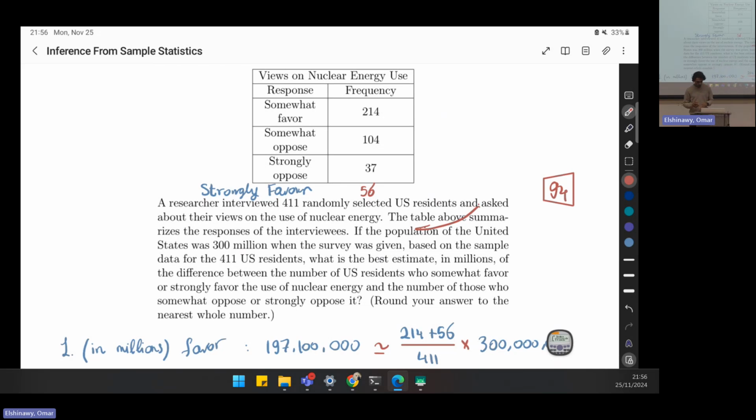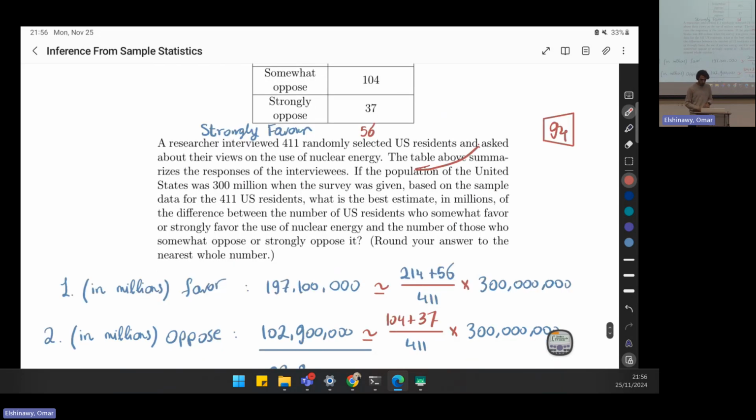What number do I get? I get 197 million. It's like saying I'll choose 214 people plus 56 out of every 411 people in the population of the United States, if that makes sense. So for each 411, I will assign the value of favor to 214 plus 56 people. Yeah, this is a bit obscure, I feel, but I hope the idea is clear.